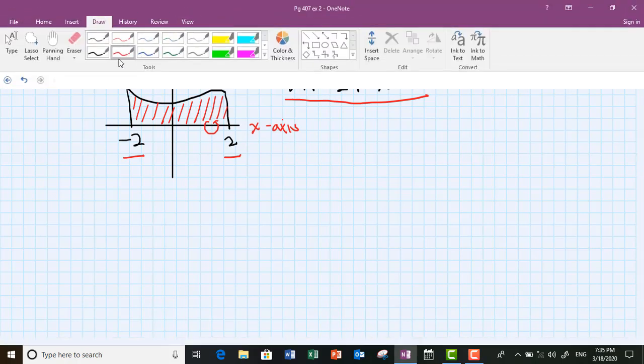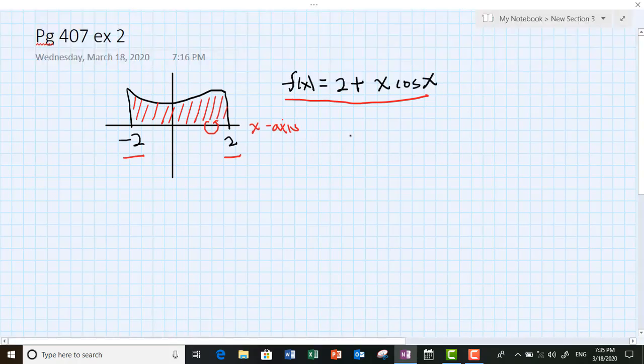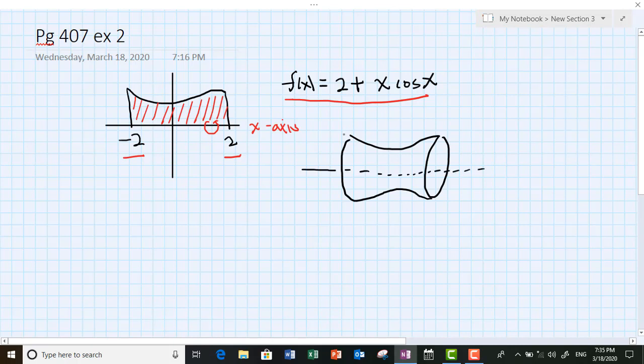Well, let me try to draw it. It's going to create something like this. Where this is the axis of rotation. In this example, the axis of rotation will be the x-axis because the area revolves about the x-axis.